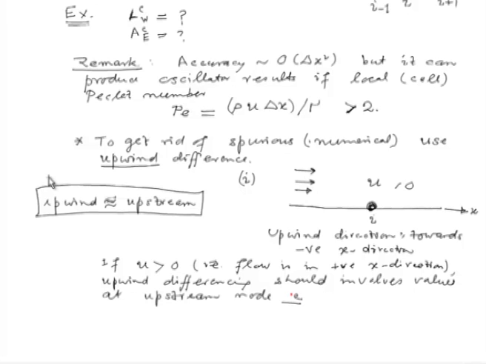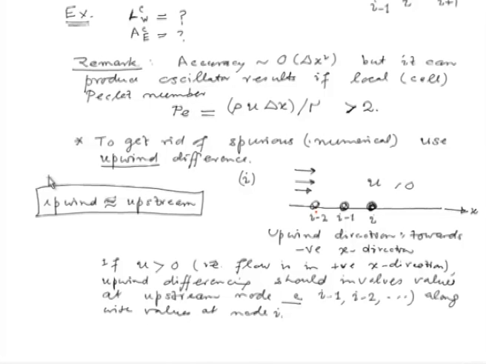They will also involve the values at node I. That is I minus 1, I minus 2, and so on, along with values at node I. So, these are the nodes which should be involved in our formulation, and the physical logic is that whatever happens at the upstream nodes affects the things happening at node I. So, our derivative approximations would involve the values at these nodes which are towards the left hand side in this case.